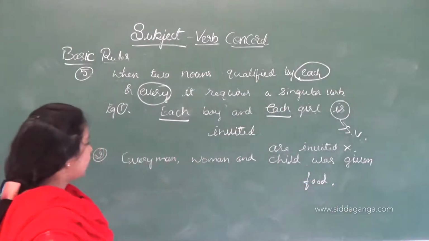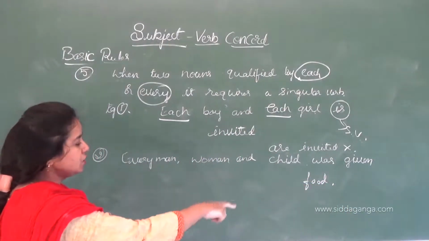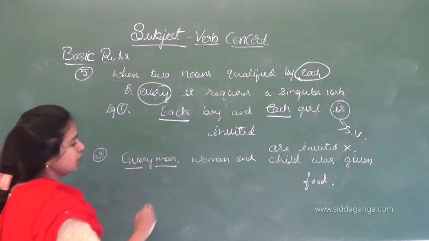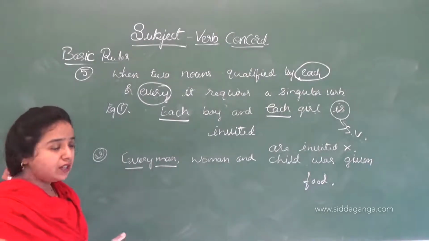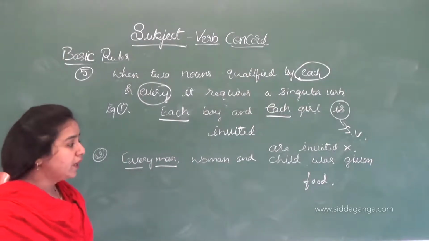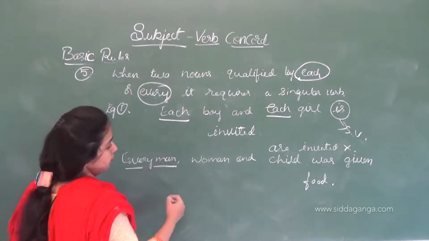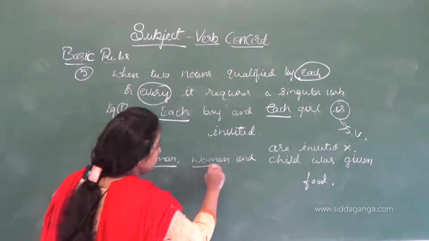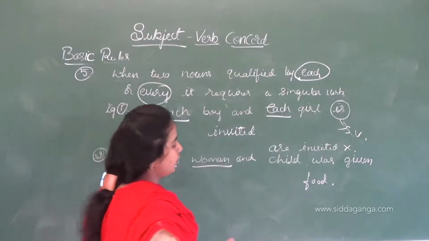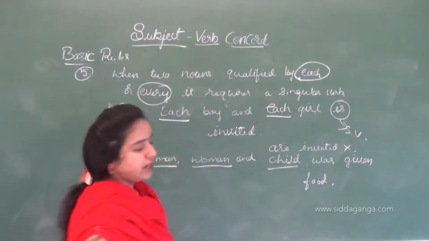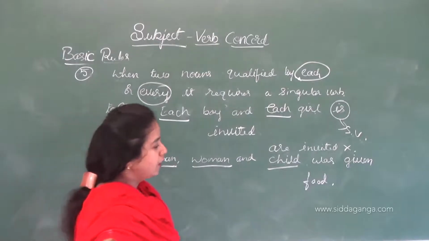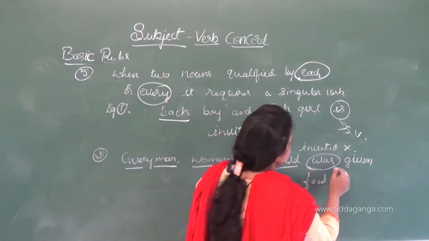See, every man, woman and child, here mentioning each and everyone. Each and every man, it does not say the men, women and children. Here it says every man, every woman and every child. So what is the helping verb? It is a singular verb.